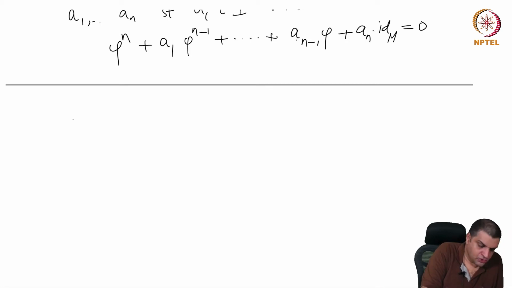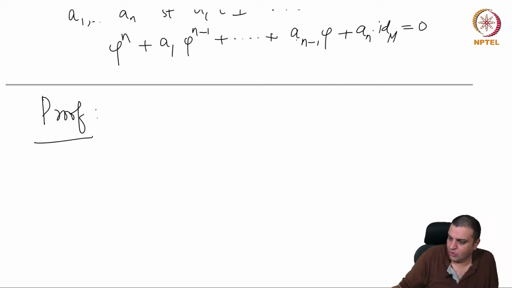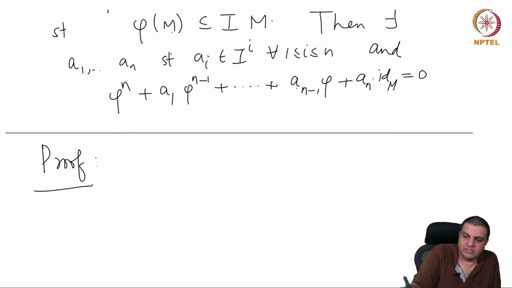Okay. So proof. We know the hypothesis is that phi of M is inside IM.